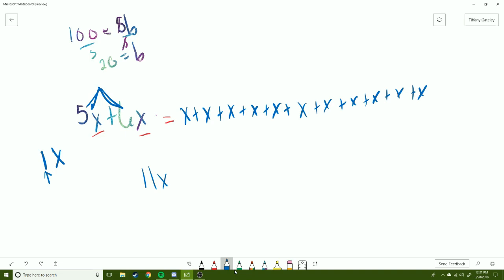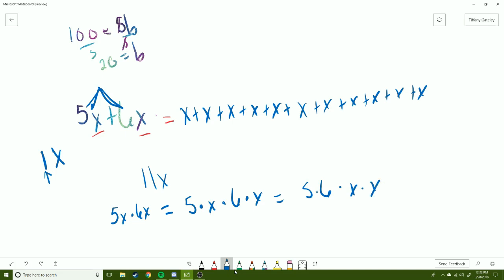Now what about multiplication? Let's say you have 5x times 6x. Well, this is saying 5 times x times 6 times x. So in this one, because multiplication is commutative, yay, you can rearrange this to 5 times 6 times x times x.